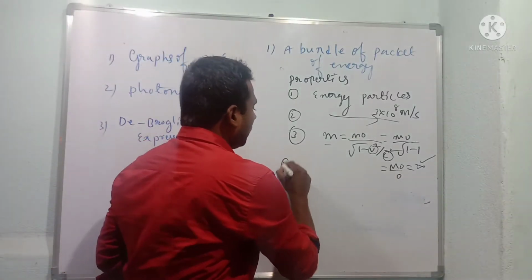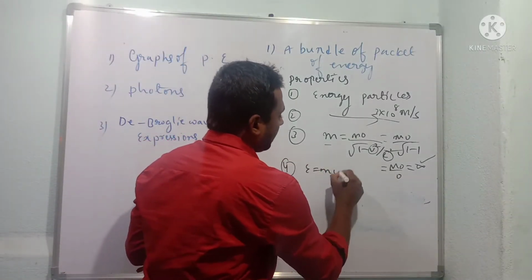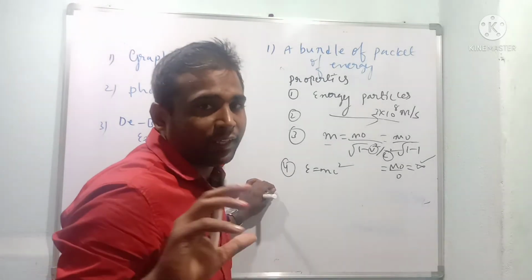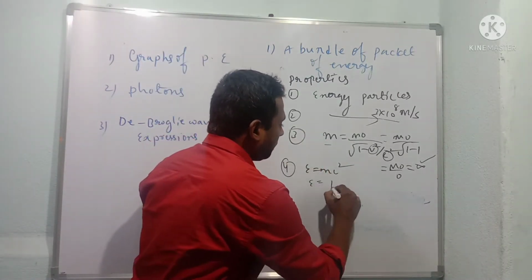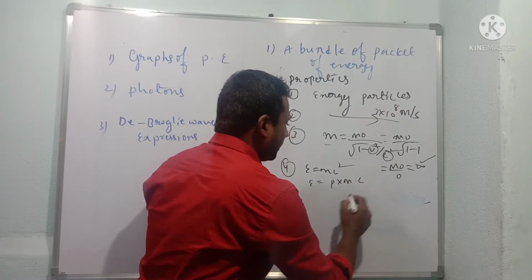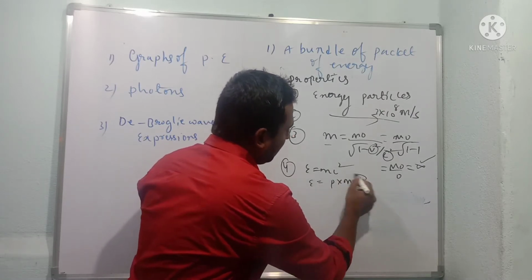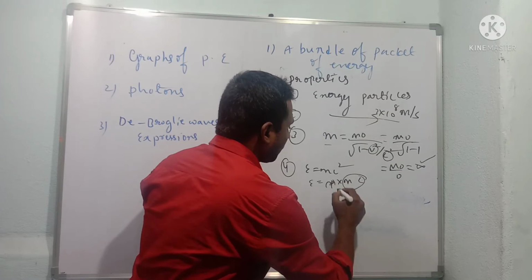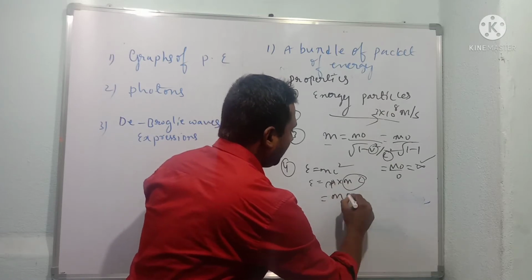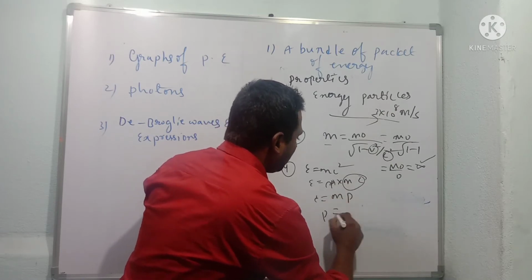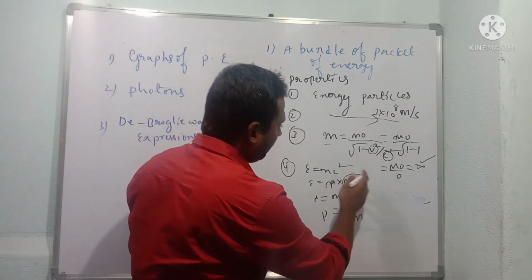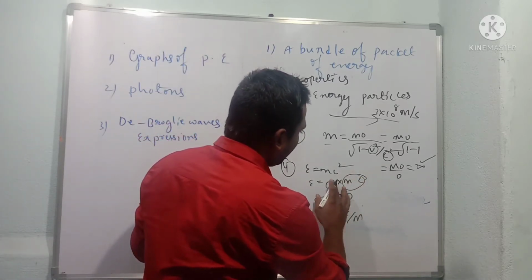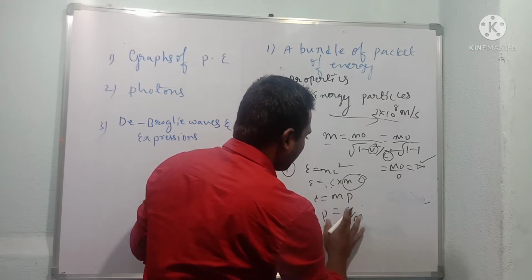Next, we know that E is equal to mc square, the Einstein mass energy relation. I want to find momentum. So we can write E is equal to P into C, where m into C is the momentum. So P is equal to E divided by m into C, which becomes C again.